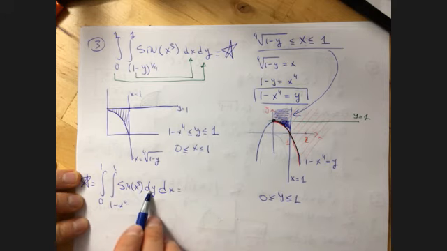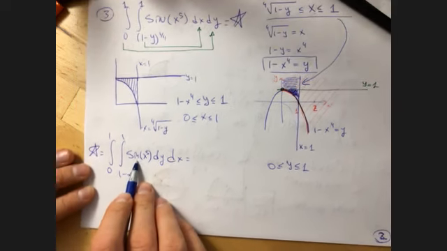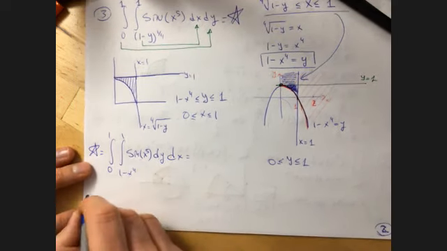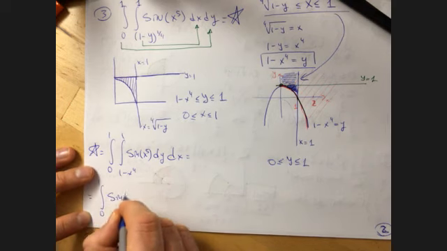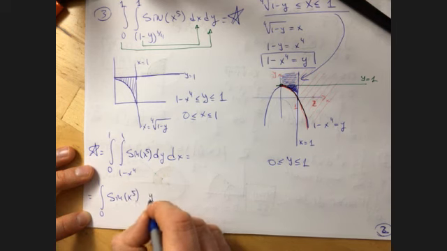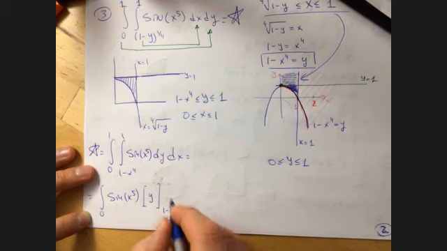Now I integrate first with respect to y. That means this function doesn't depend on y, so I treat it as a constant. So that's going to be equal to the definite integral from 0 to 1 of sine of x to the power of 5 times y, right? The integral of dy is y, evaluated from 1 minus x to the power of 4 to 1, dx.